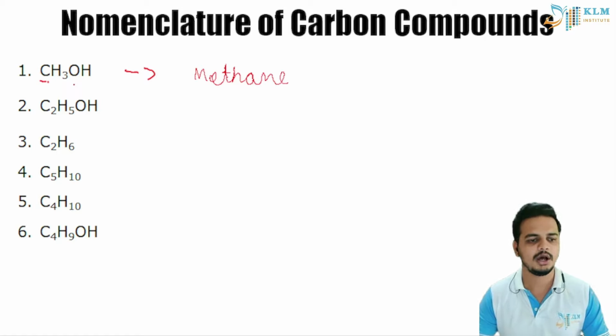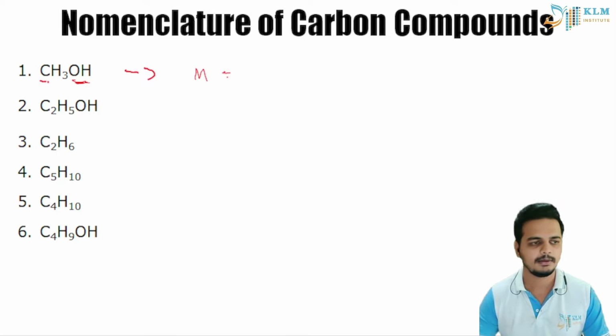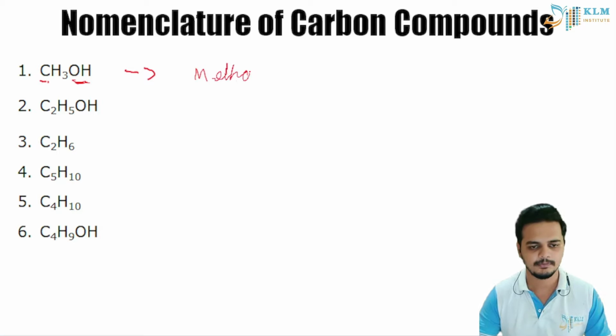So now we have a functional group known as OH. So what is the suffix for OH? Check the table and it would be methanol. OL should be added instead of E. So methanol is the name of this compound. Methanol. Instead of E here we write OL. You can see here.